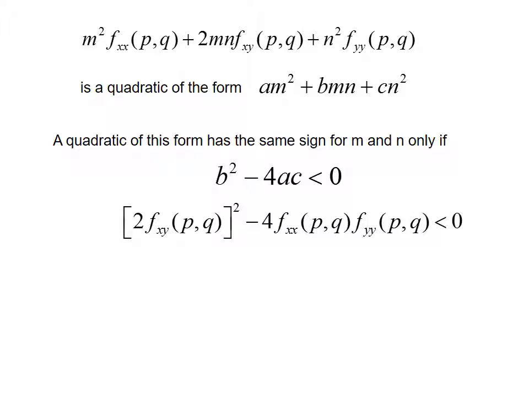Now we're going to substitute for the a, b, and c what we had up there. There's our a, b, and c. So plugging those in, this is what we get.